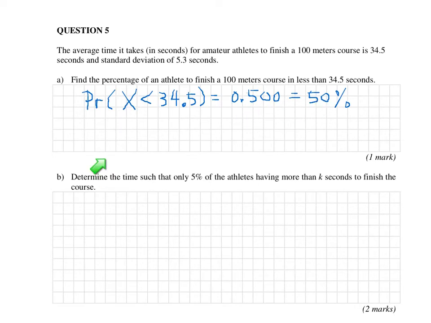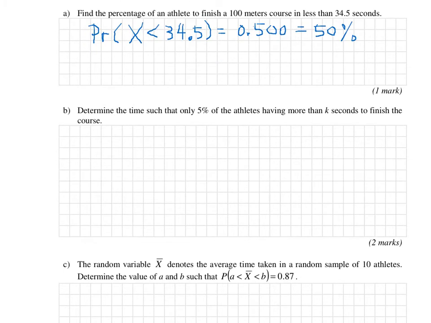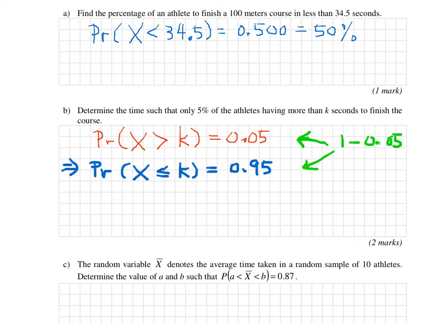And then for this one, we translate it into probability. It means that the probability of an athlete running more than k seconds is equal to 0.05.